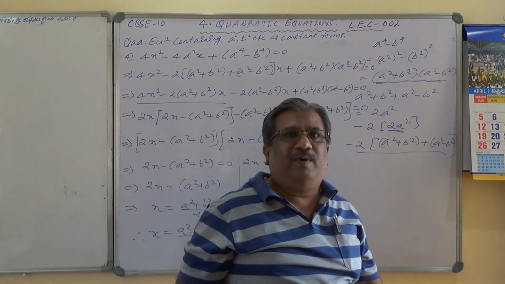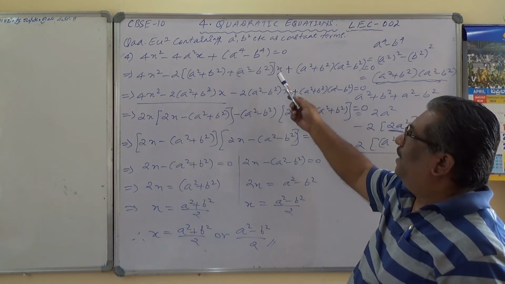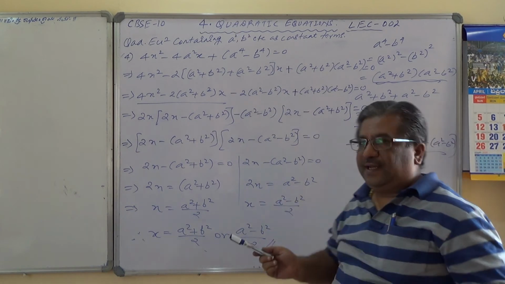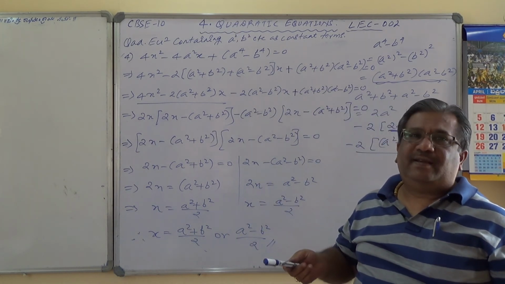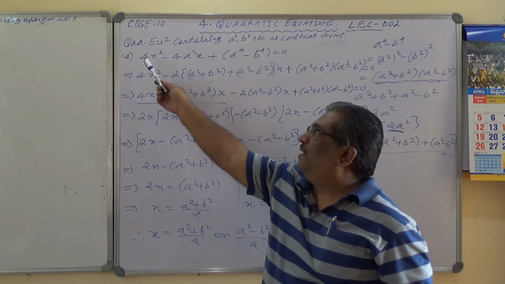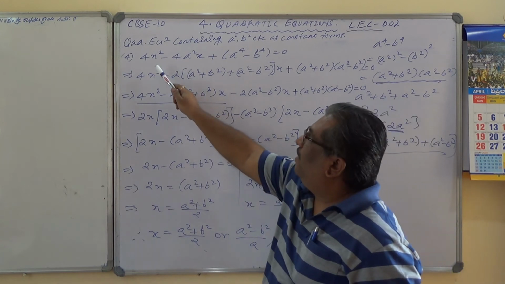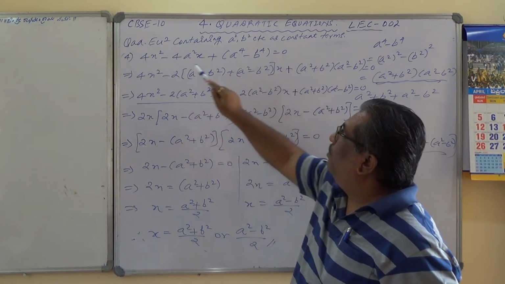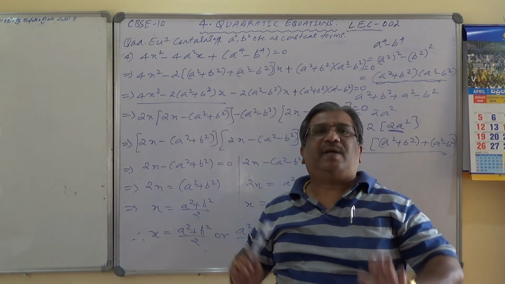Dear students, one important concept here is, see, every time whenever I solve these numericals, did I concentrate on term a here? What is that a? Coefficient of x square. I did not multiply here a into c, 4 times a to the power 4 minus b to the power 4. I did not do that.